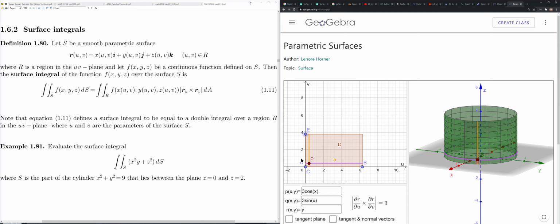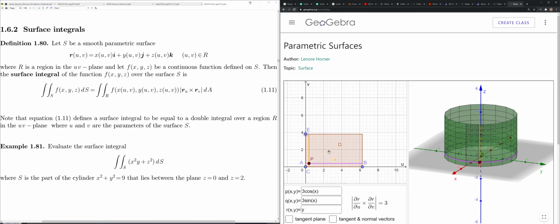An example of the big R would be this pinkish rectangle over here, and an example of the corresponding parametric surface would be this green cylinder. So this is the R and this is the S. When you take different UV points in R, you get a corresponding point in the surface S.